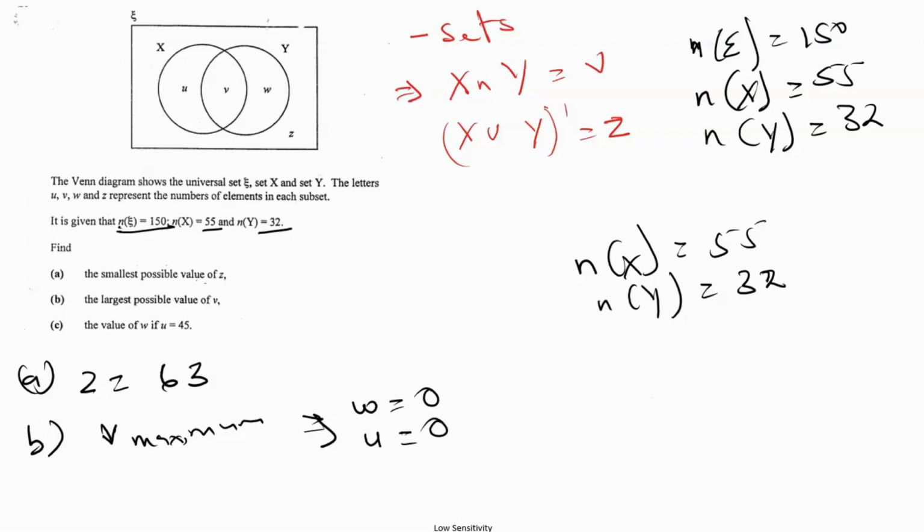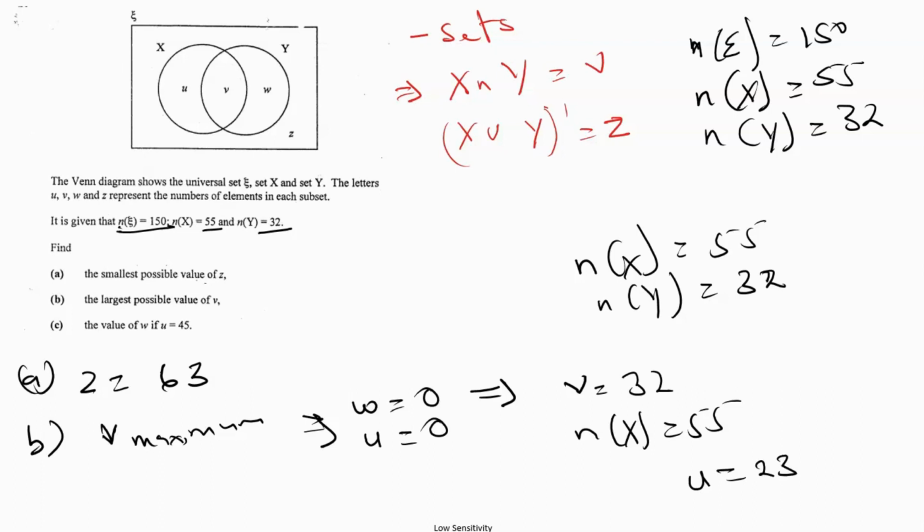So let's then look at when W equals 0. So if W equals 0, that means V is equal to 32. That means that it's still feasible for X to be 55, because if V equals 32, we just need now U to be equal to 23.